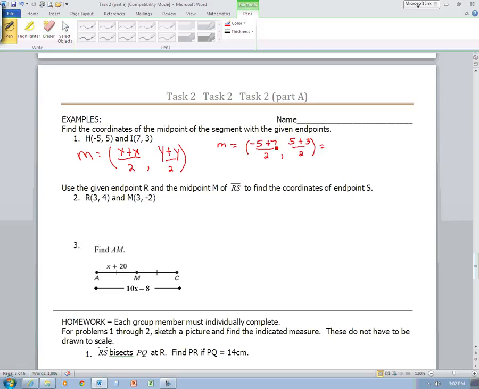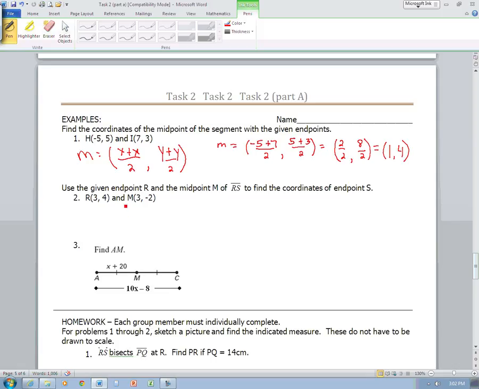So -5 plus 7 is +2 over 2. And then 5 plus 3 is 8 over 2. So our final answer should be 1 and 4. And that's the x-coordinate and the y-coordinate for the midpoint.